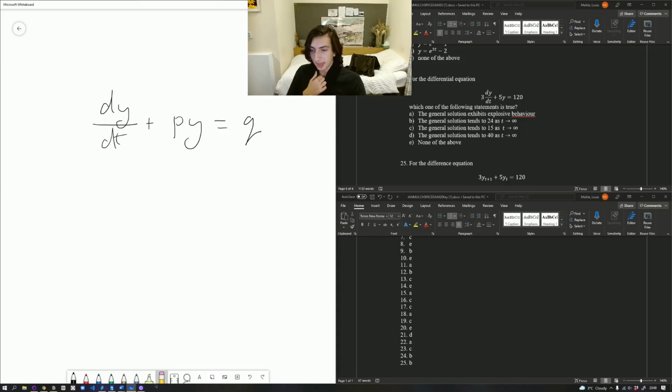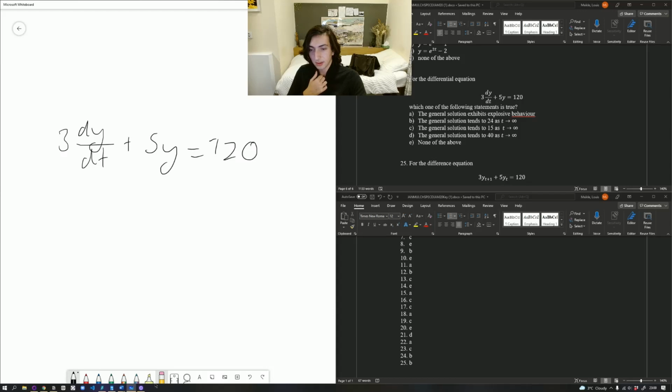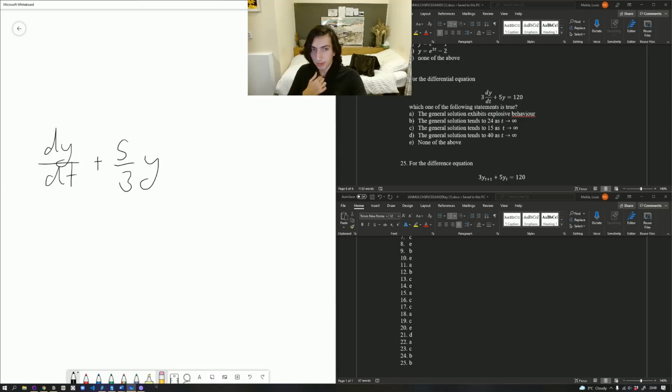So in this case, you have 3 dy dt plus 5y is equal to 120. What you actually get by dividing by 3 is dy dt plus 5 over 3y is equal to 120. No, pardon me, 40. It's equal to 40. Okay?